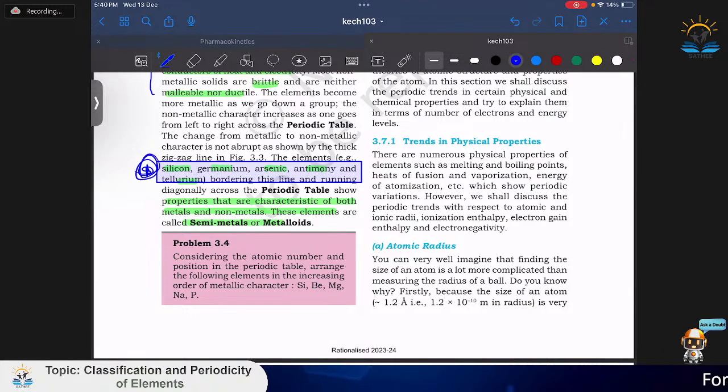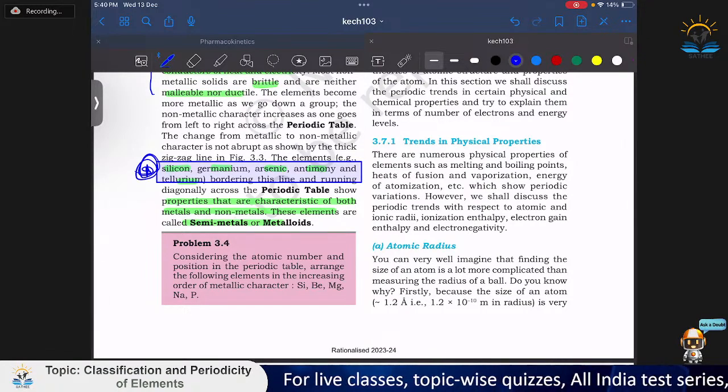If they ask you any question like which of the following is not a metalloid? Silicon, germanium, arsenic, and one more element which you have read in some material as a metalloid, then you'll get confused. But if you know what NCERT considers as metalloid, you will never be confused.